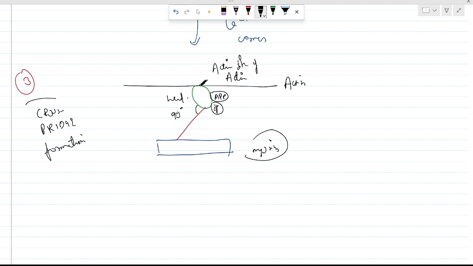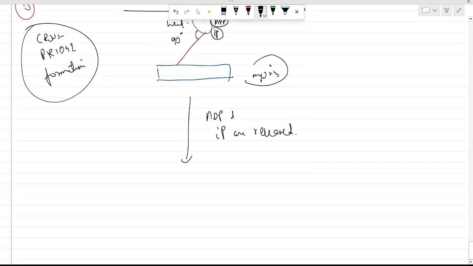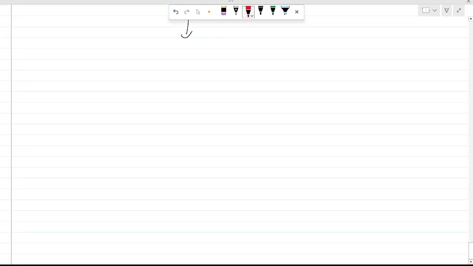This is cross bridge formation, the third step. After the cross bridge formation, ADP and inorganic phosphate are released, and finally coming to the fourth step. It's not the final step, it's the penultimate step.